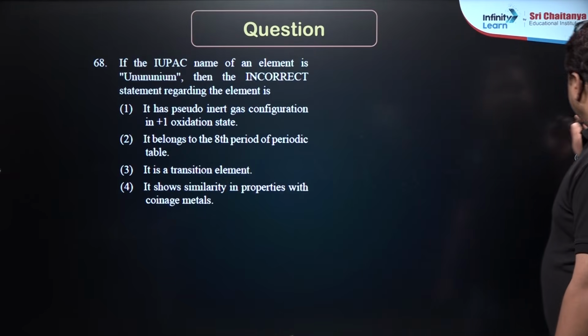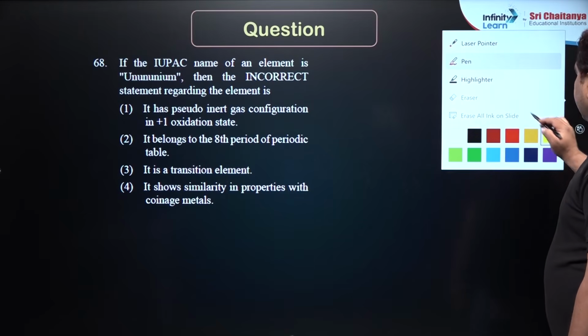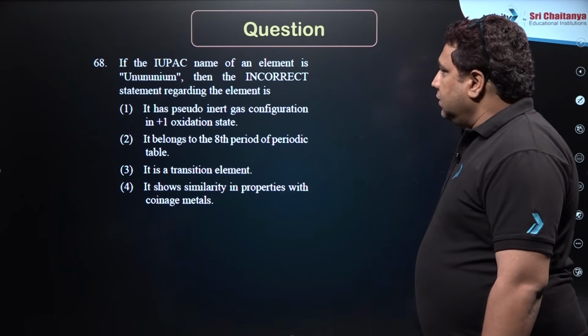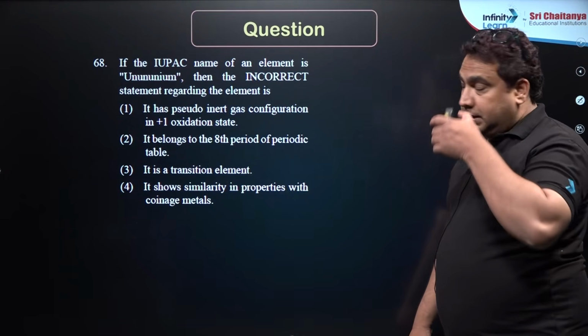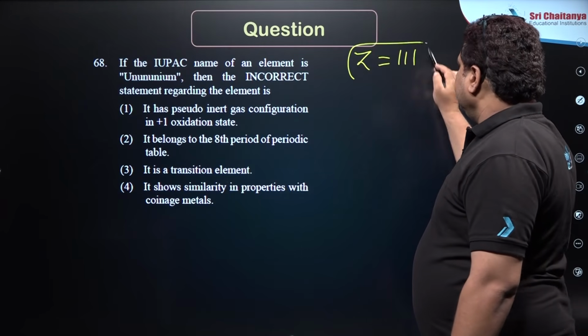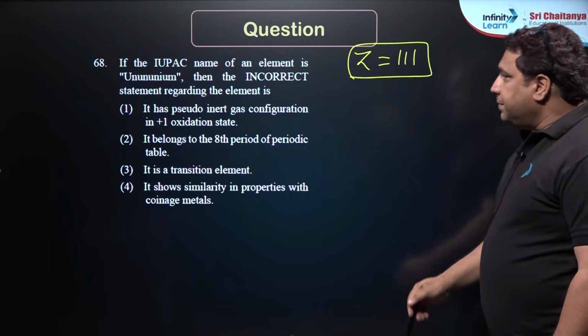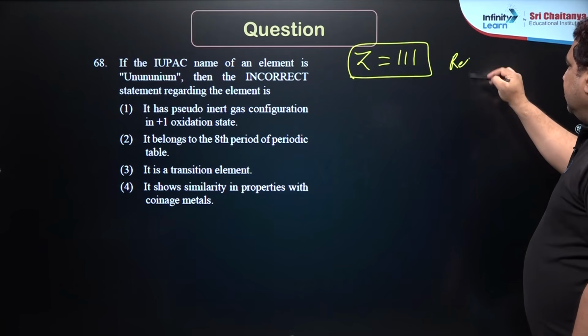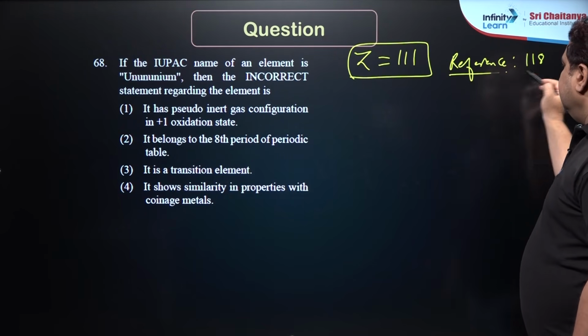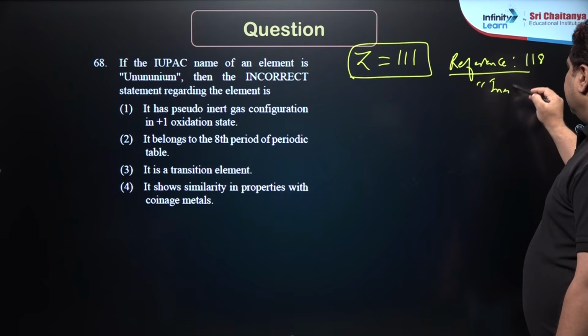Right, next problem. The IUPAC name of an element is given, and here the atomic number should be 111. To know everything, first you should find the group number. So as reference I will take 118, that is nothing but an inert gas.